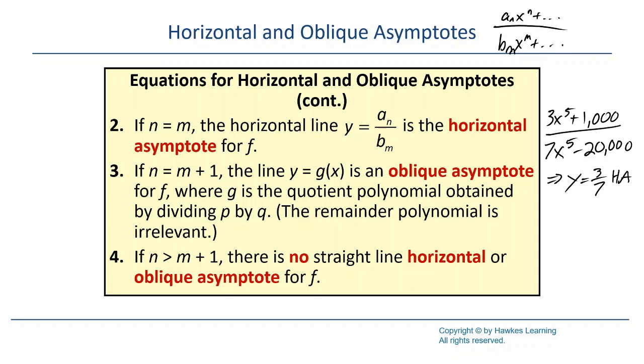This is the HA. VA is short for vertical asymptote, HA for horizontal asymptote, and typically I'll write SA for slant asymptotes, or you can write OA, whichever works for you.